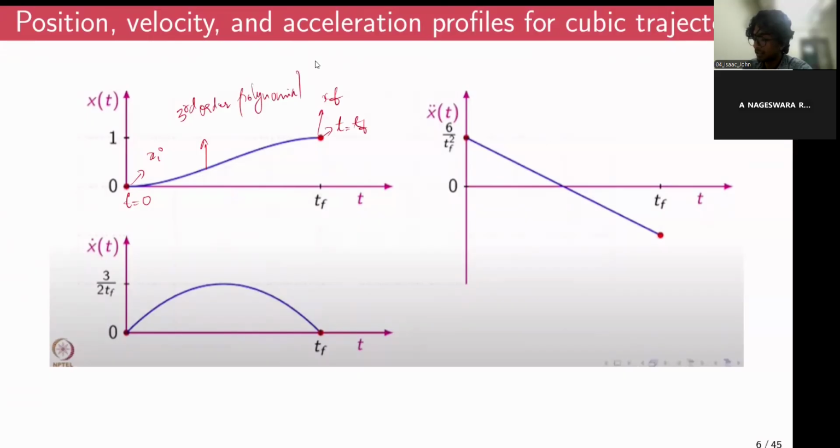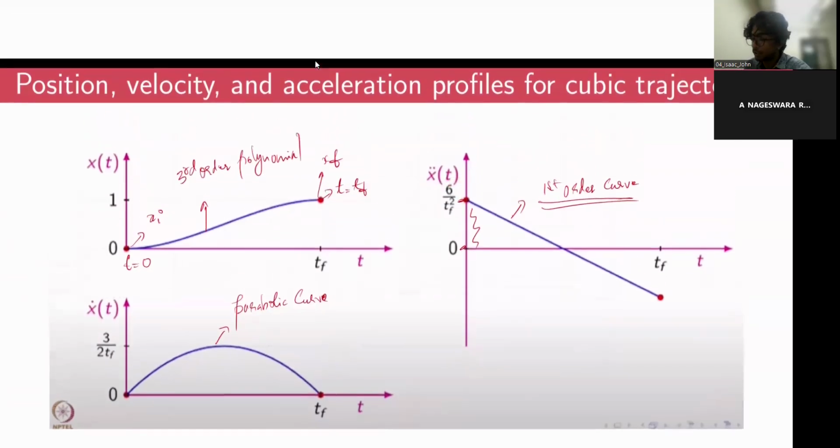And the velocities, which is essentially the derivative of this third order polynomial, will be a parabolic curve. And acceleration would be a first order. If you take the derivative of the velocities, you will get a first order curve, something like this. And the initial offset that you have, the sudden offset over here, is nothing but 6 by tf square.